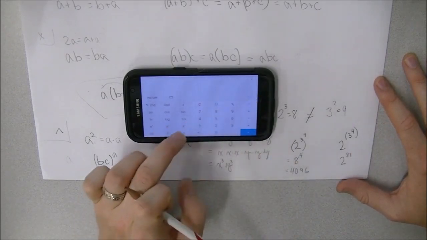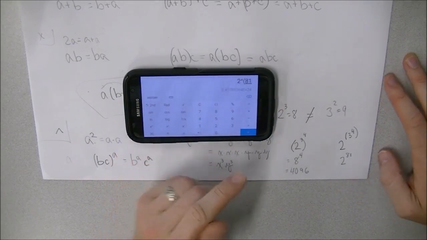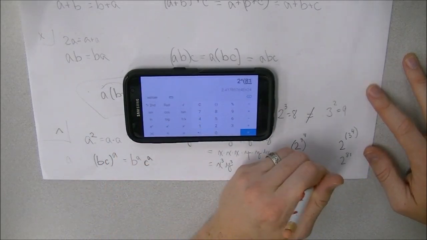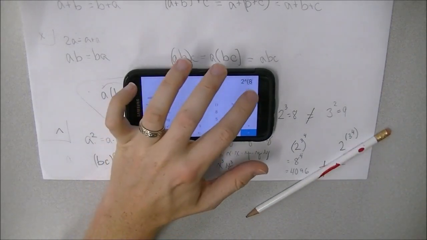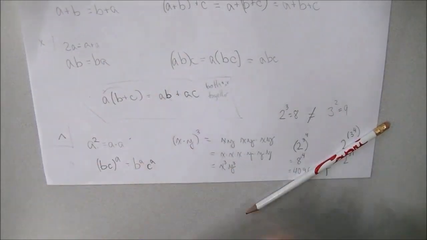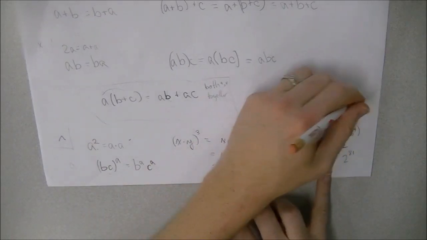And what's 2 to the power of 81? 2 to the power of 81 is a ridiculously large number. They are not equal to each other at all. Okay, so exponentiation is not commutative, it's not associative.